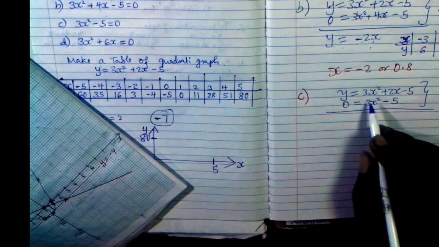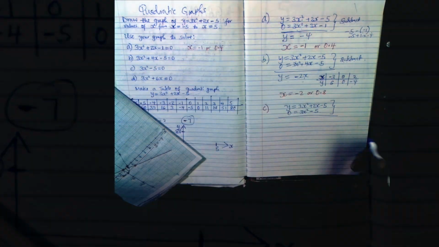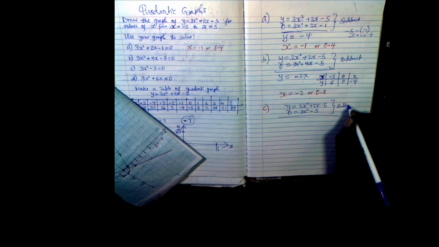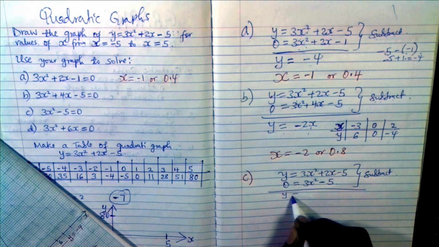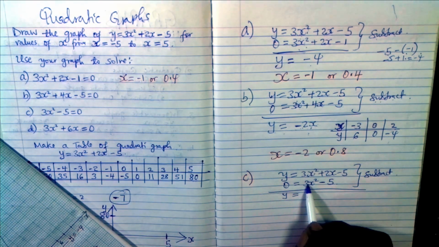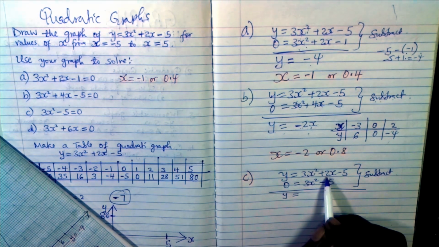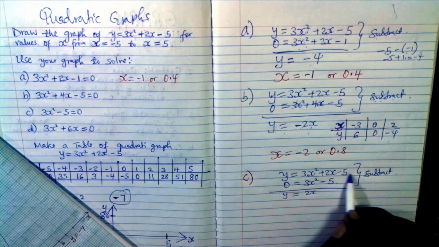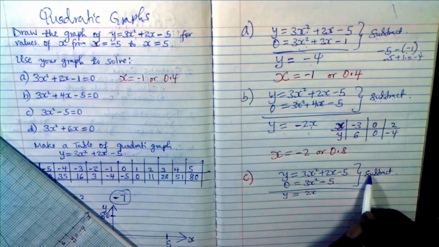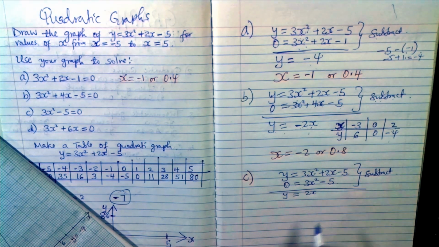So again, we eliminate the coefficient of x squared by subtracting. So here we have y minus 0 is y, then 3x squared minus 3x squared, 0, then we have 2x, then minus 5, minus 5, we get 0.